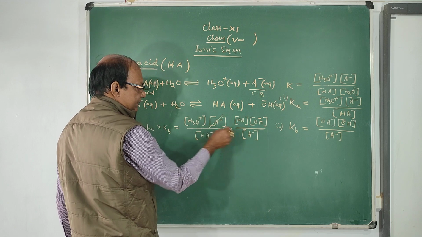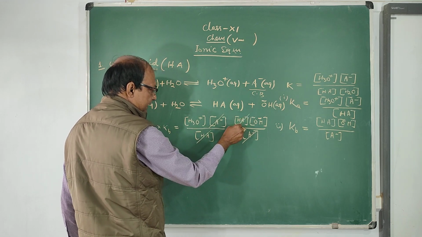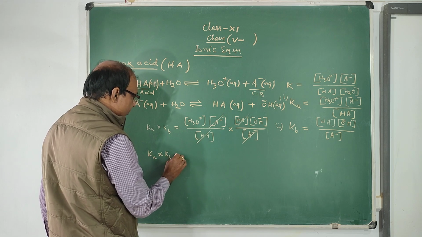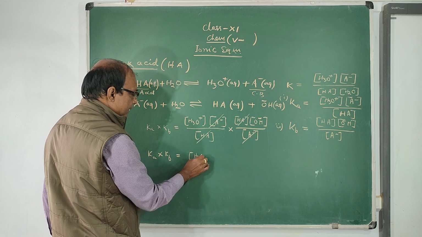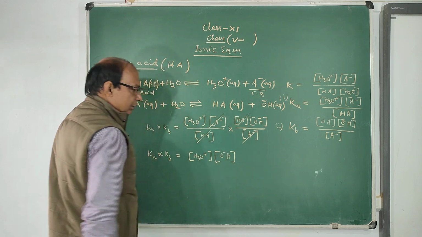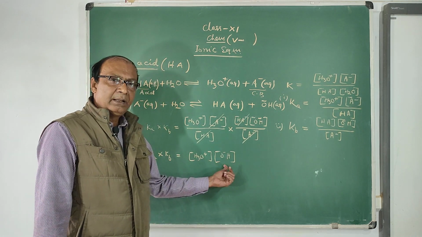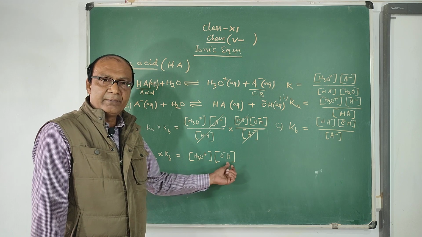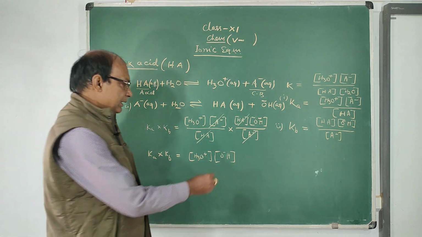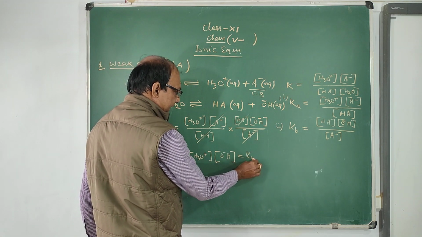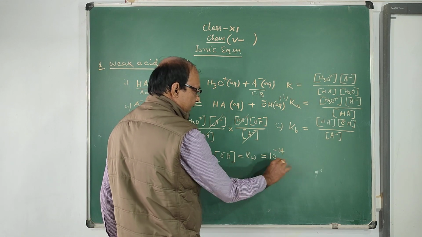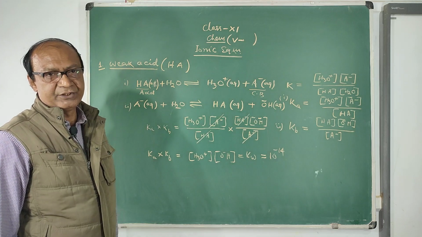See here, A minus cancels, HA cancels. What is left? Ka into Kb equals concentration of hydronium ion multiplied by concentration of hydroxyl ion. As you know, this is the ionic product of water, denoted by Kw, whose value is 10 to the power minus 14 at 25 degree centigrade temperature.